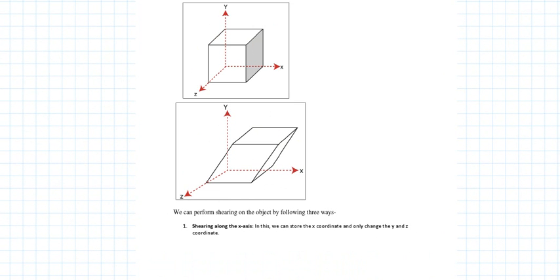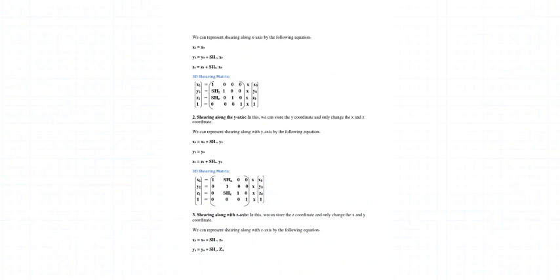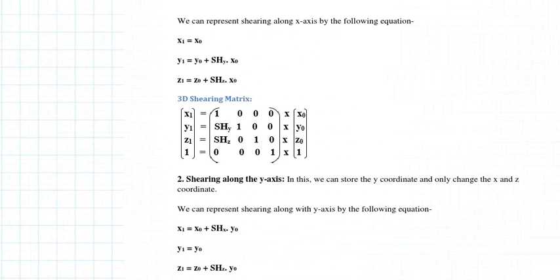Now let me dive deeper into the mathematical equations. If you apply shearing along x-axis, then x coordinate values actually don't change. Only change occurs in the y and z coordinates, and mathematically it will look like this.